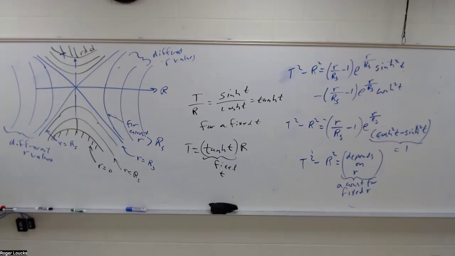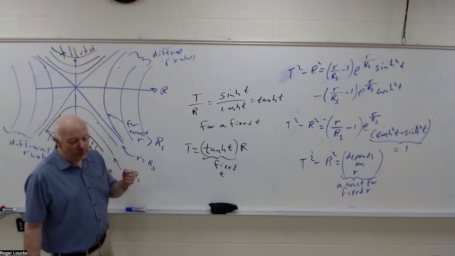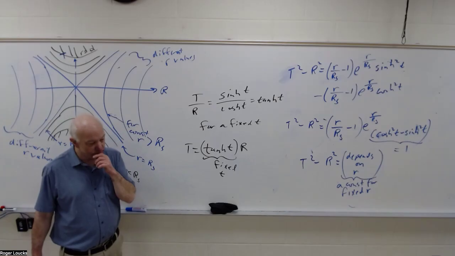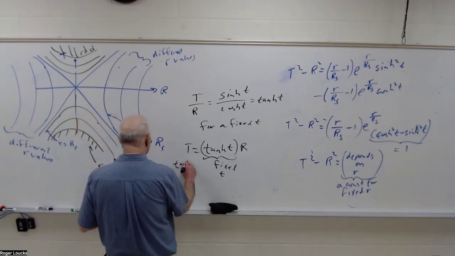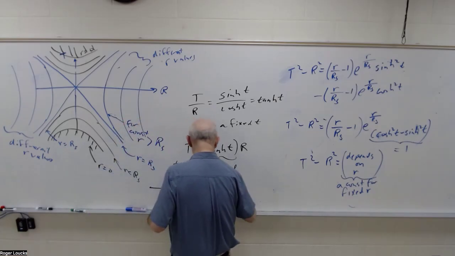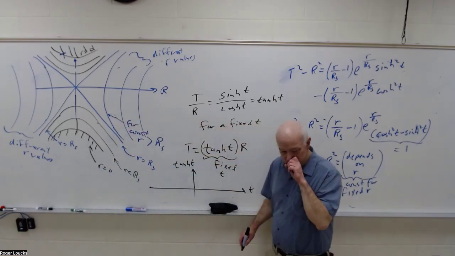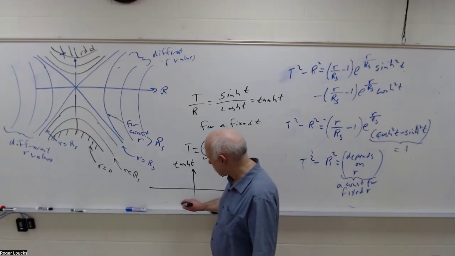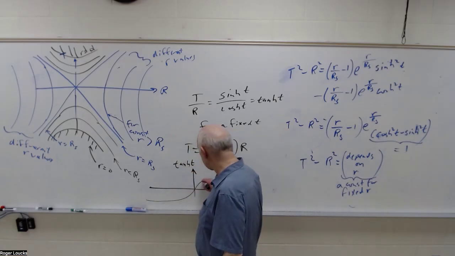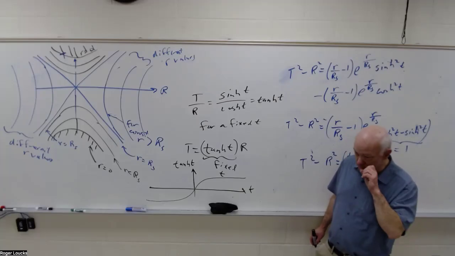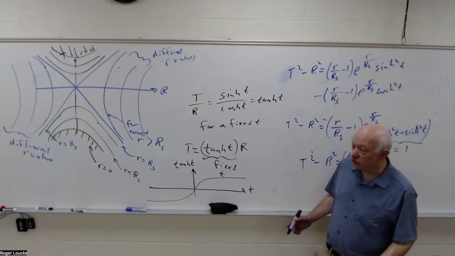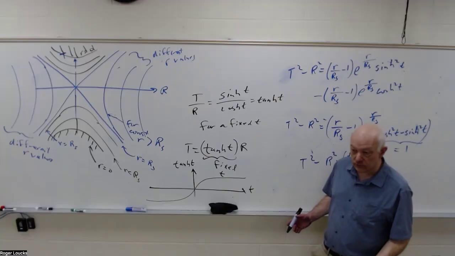It's a straight line, yes. And what does the hyperbolic tangent look like? Let's graph the hyperbolic tangent. It looks something like this. So what are these going to be? These are just going to be straight lines.